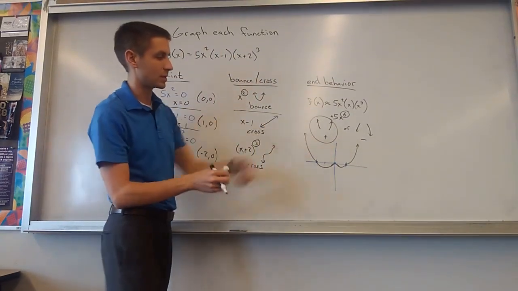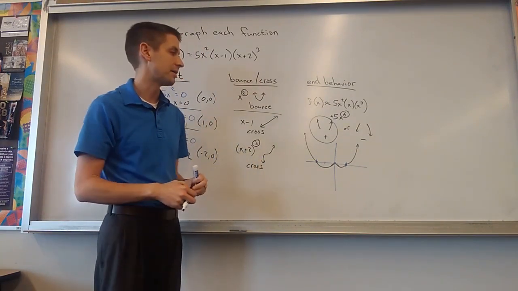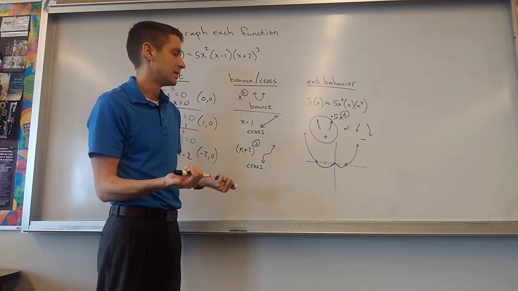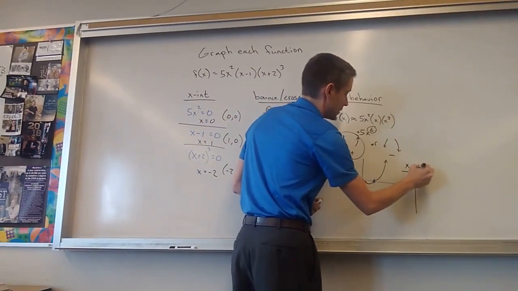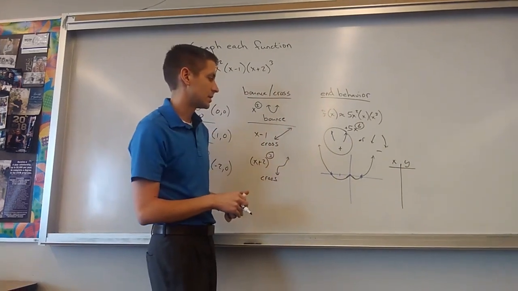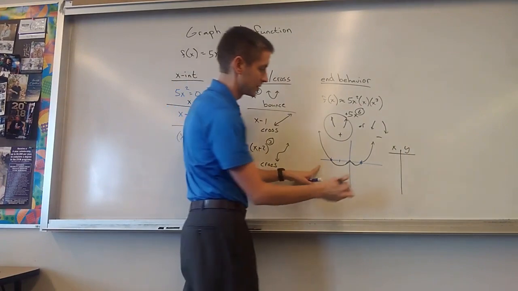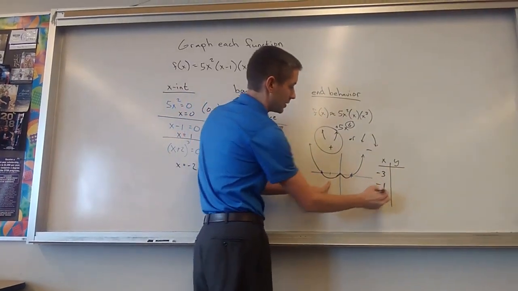Now, what if we want to know these coordinates are correct? Well, we can come over here and create a table and figure out what numbers to plug in. Based on where my intercepts are, I might choose a negative 3 because it's on the left side, a negative 1 because it lands in between my two intercepts, a positive 1/2 because it lands in between two intercepts, and a positive 2.